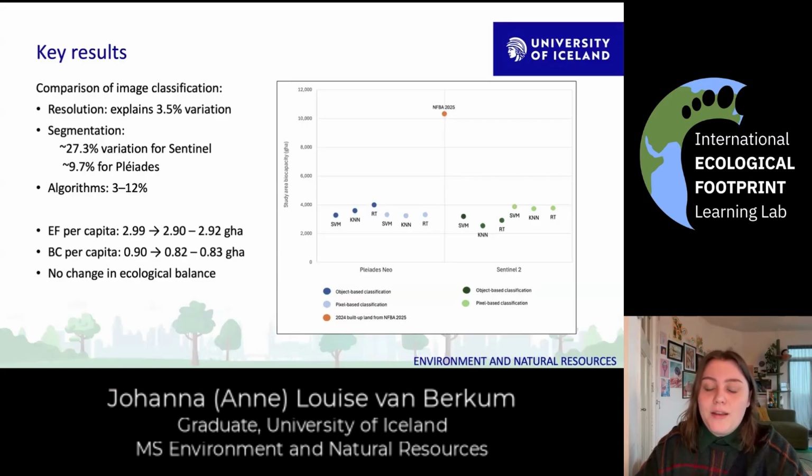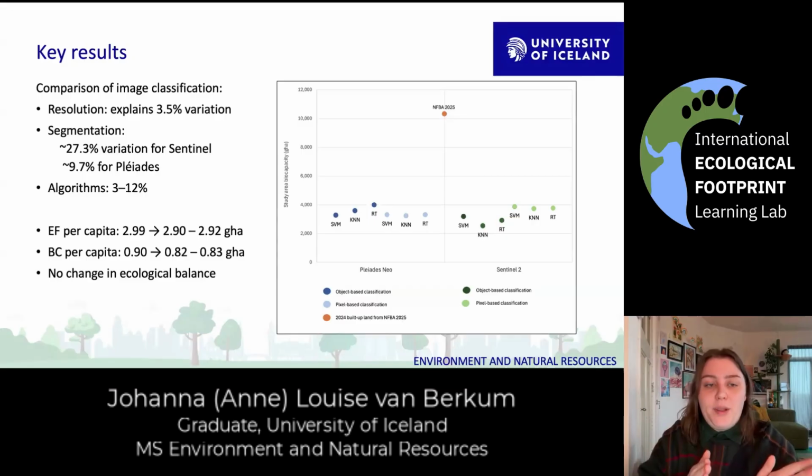If you change out the built-up component for these values, so assume that the results from my study are correct, apply them to the whole of the Netherlands, and are representative for all the Dutch built-up areas, then you get 2.99 to 2.92 global hectares per capita.